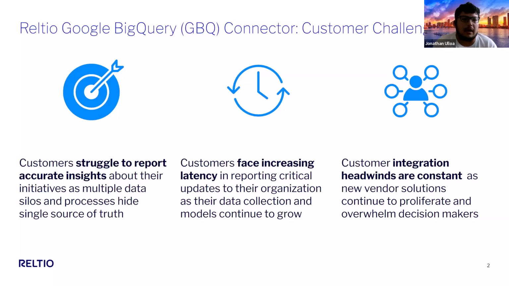And then the third thing I want to call out is integration headwinds. To be able to get this data to the right place and to access it, there's lots of hurdles and steps and different offerings that our customers have here today.